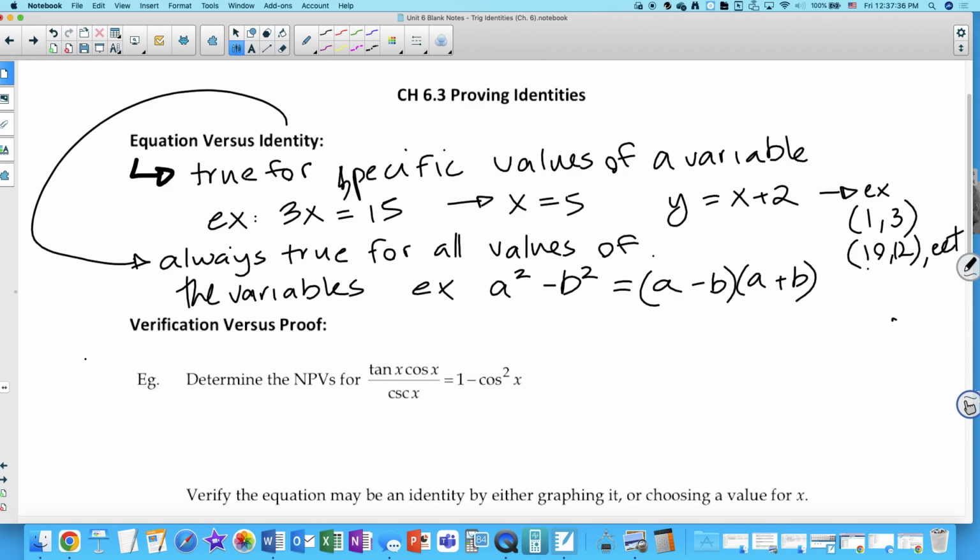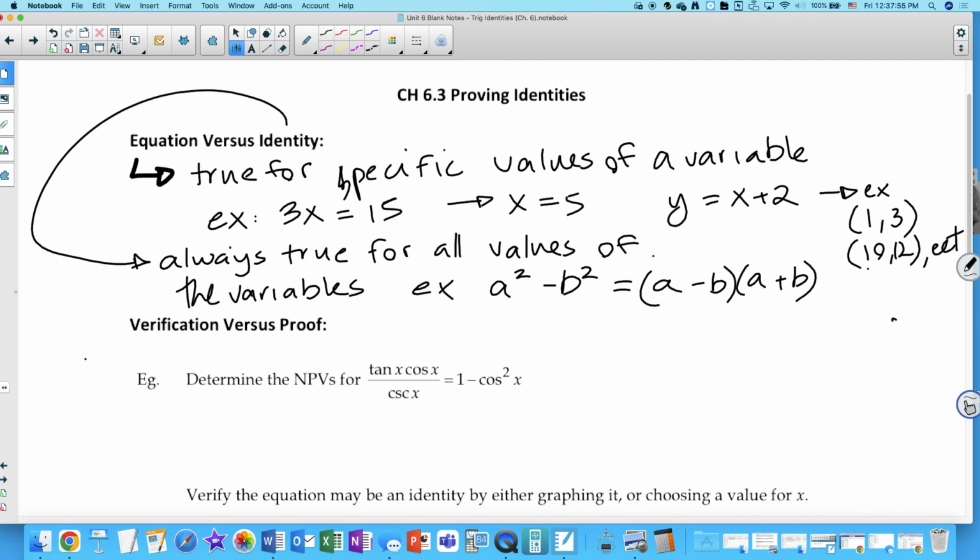Okay? Verification versus proof. Verification is either numeric or graphic. If it's a numeric verification, you're plugging in a value for all of the variables and making sure that when you evaluate, at the end of the day, the left side equals the right side.